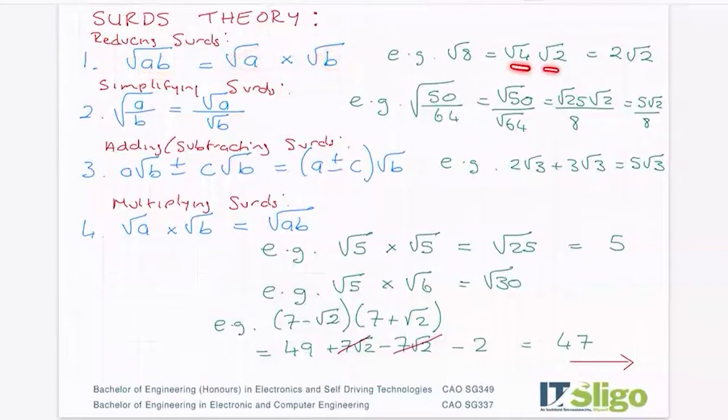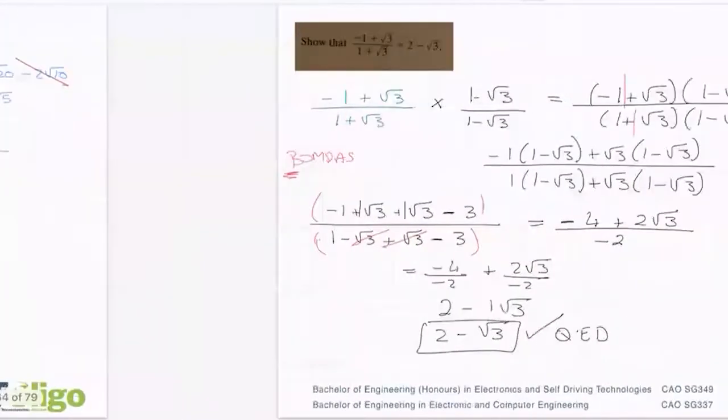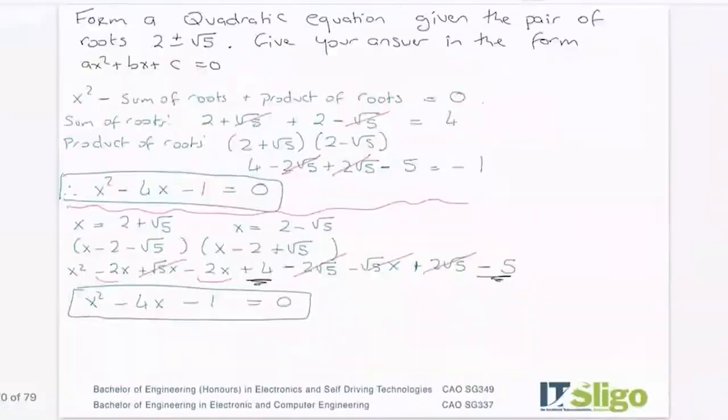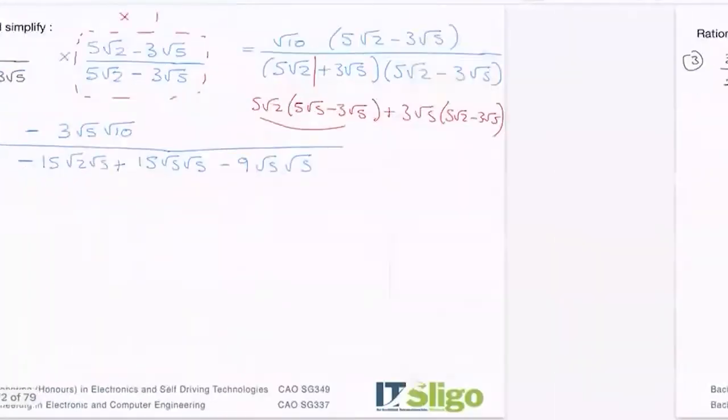So in other words, if I have root 4 by root 2, I'll multiply them together and I'll get root 8. The other rule I'm going to use quite a lot is where the numbers are the same: root 25 equals 5. Make sure you have seen that, because that is what we're using in all of these examples.